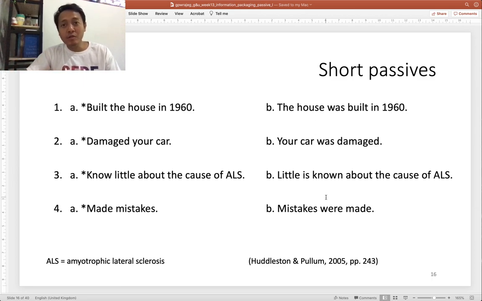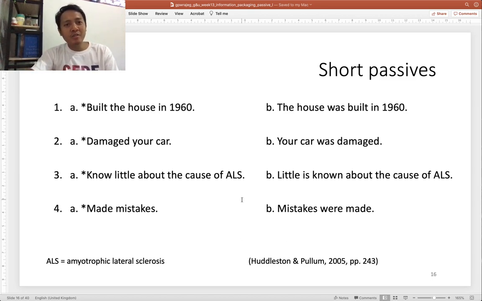Fine, even though we don't know who built the house. Your car was damaged. Accepted in English, even though we don't know who damaged your car. Little is known about the cause of ALS, amyotrophic lateral sclerosis disease. That's fine. We don't know who should know about the cause of ALS. Mistakes were made. Focus on the mistakes, not really on the who.